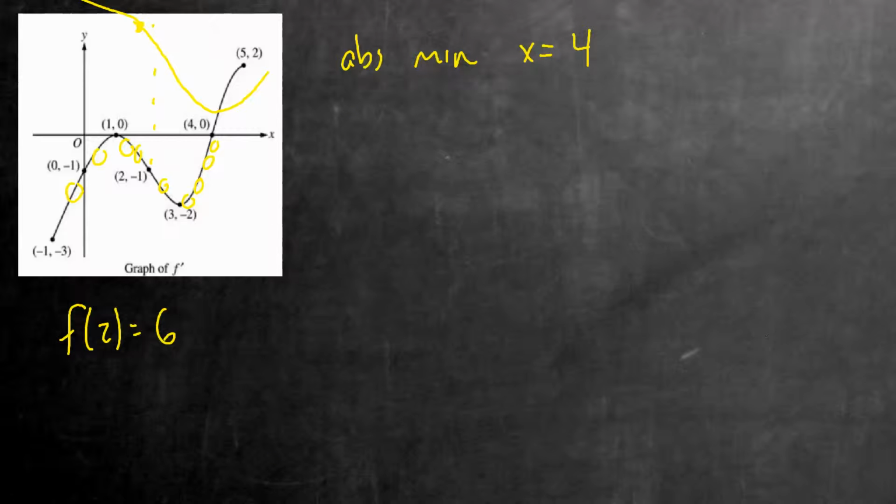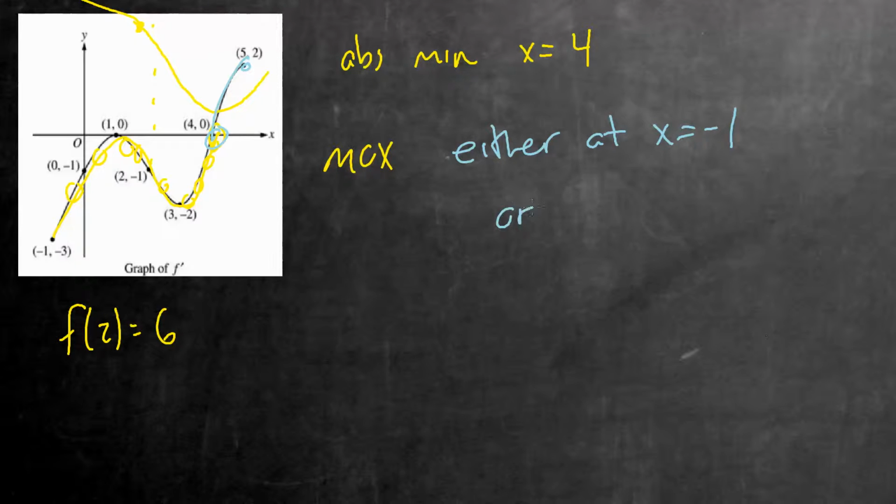Then let's look for some explanation on the absolute maximum. We discussed that because the derivative is negative the entire time until 4, it is decreasing. So our maximum, and then it does increase from 0, let's grab another color. It does increase from 0 to 5. The derivative is increasing. So the maximum is either at the beginning, x equals -1, or at x equals 5.